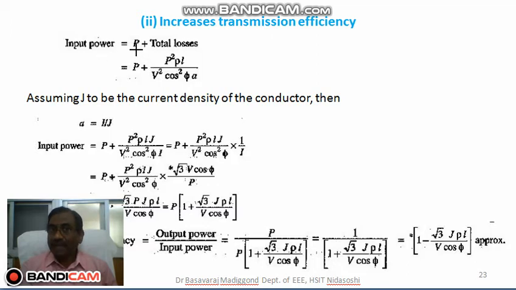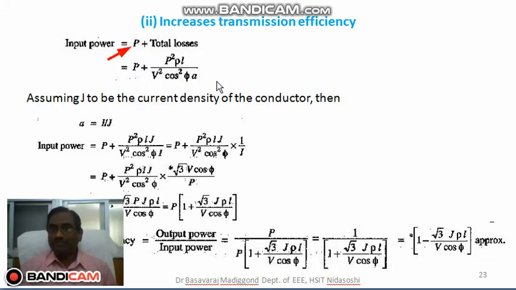What is this P? This P is the output power. Input power is equal to output power plus losses.